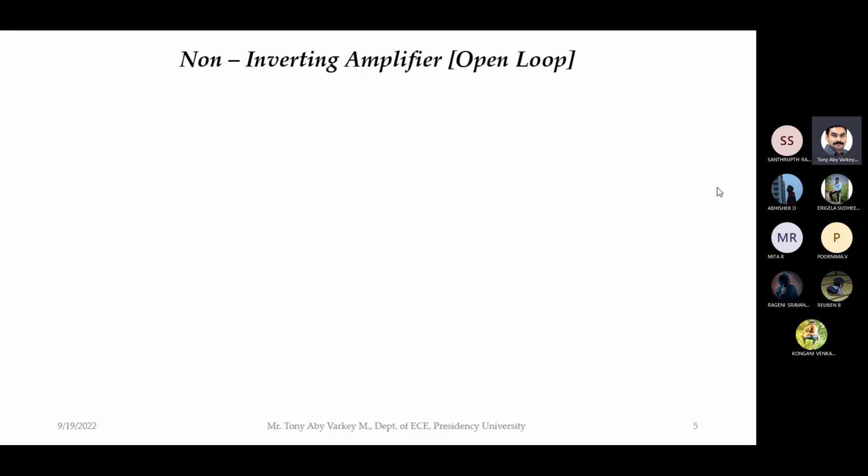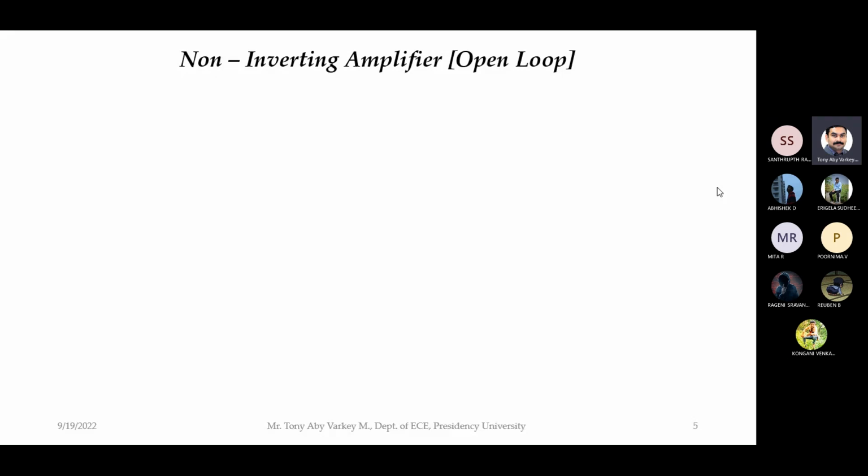So now non-inverting amplifier. Tell me, how will the circuit be? Where will you connect the input voltage? In inverting amplifier, you connected it to the inverting terminal.